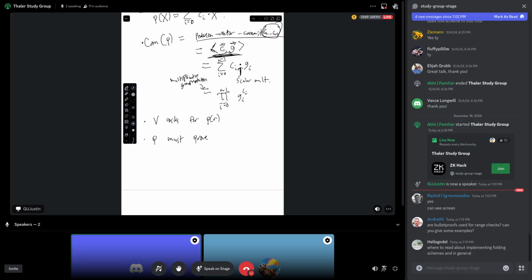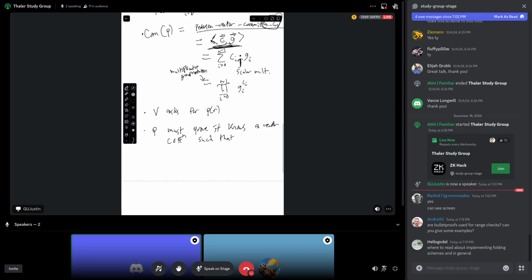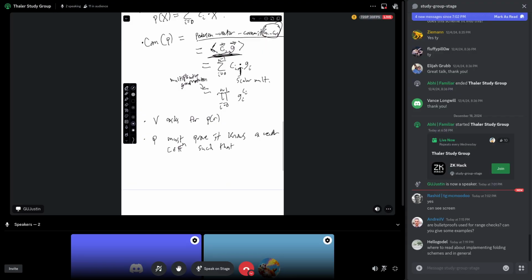It must prove it knows a vector c in F^n such that two inner product relationships hold. One is that c indeed opens the commitment: c inner product the commitment key equals the commitment.